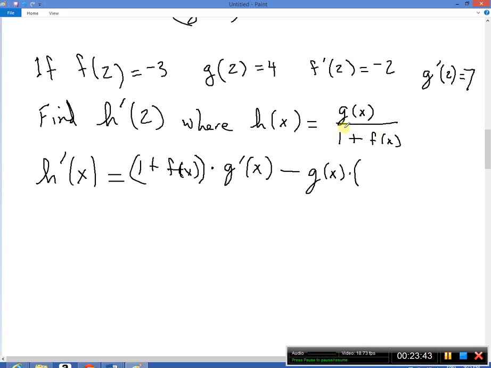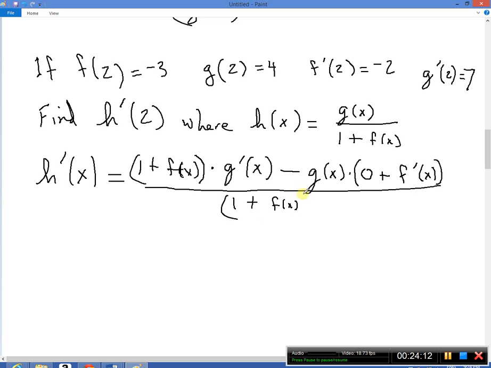Well, I know the derivative of 1 is 0. Plus, the derivative of f of x, which I don't know, so the best I can do is write f prime at x. And you still have to divide by the denominator squared, 1 plus f of x quantity squared.